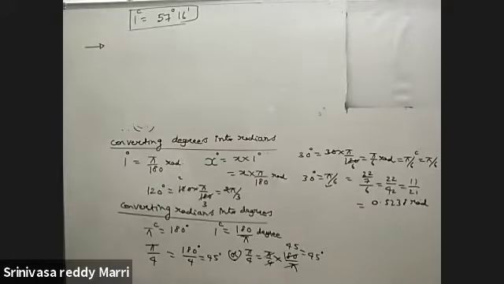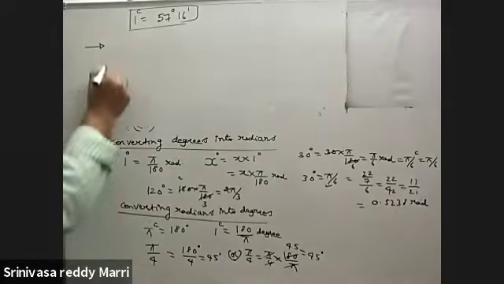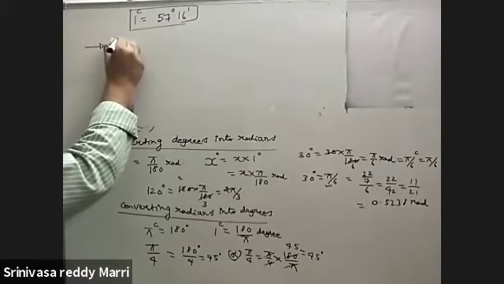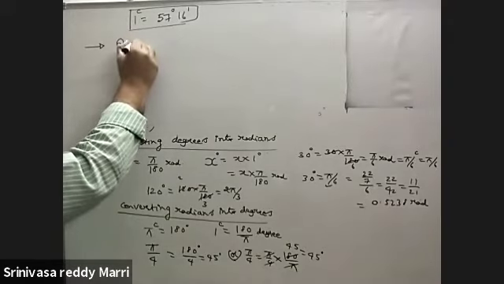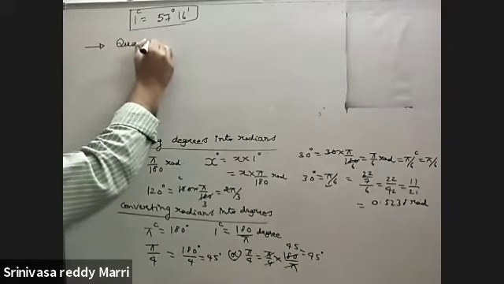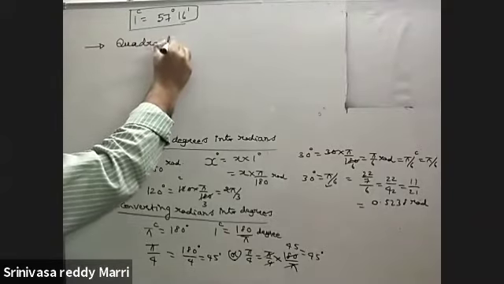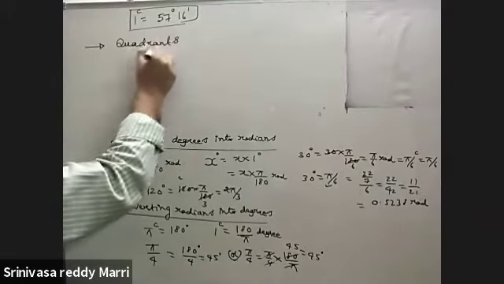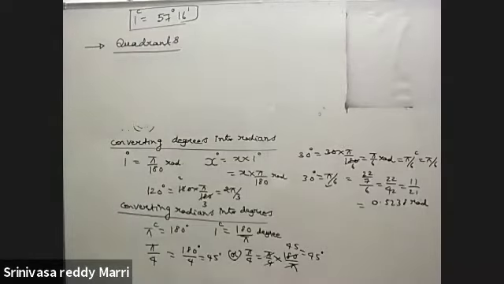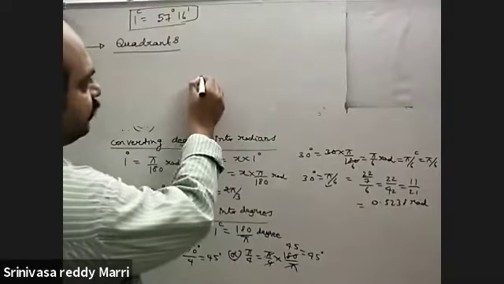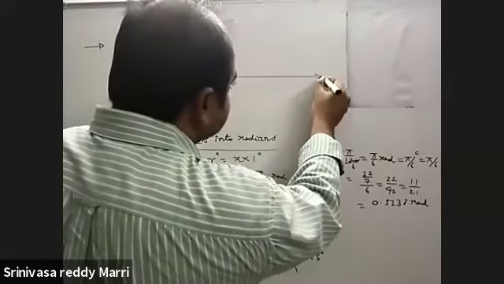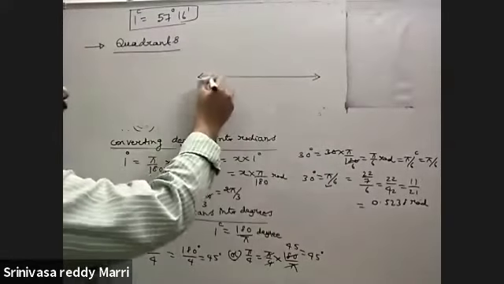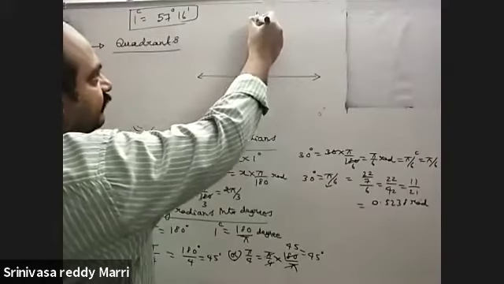Now look at quadrants. I am drawing a horizontal line, the x-axis, and a vertical line, the y-axis.